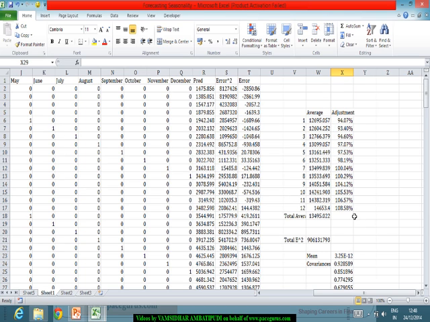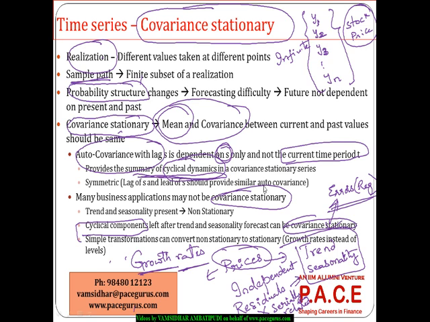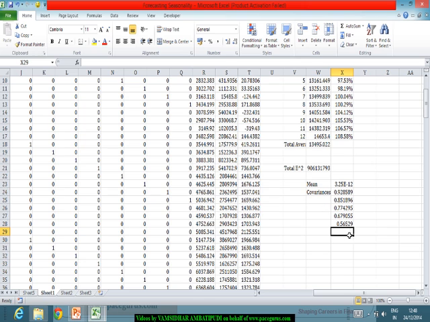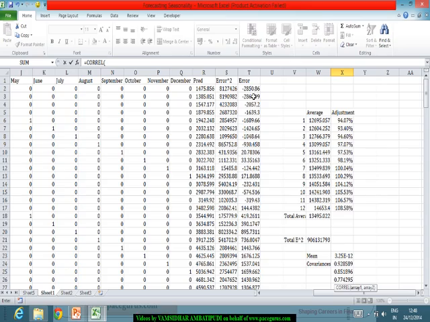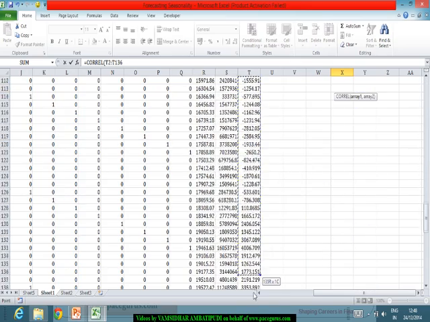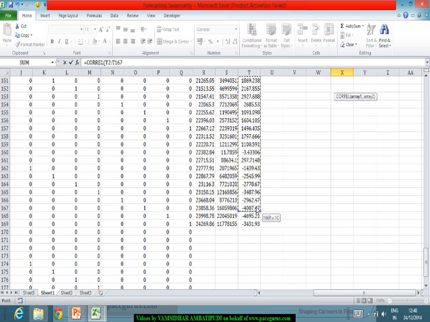So it could be an indication that it is covariance stationary, because we have initially discussed that the ACF and PACF gradually go to zero as the lag is increasing. That is the meaning of covariance stationarity. And I am clearly seeing that as the lag is increasing, the correlation is going closer and closer to zero.